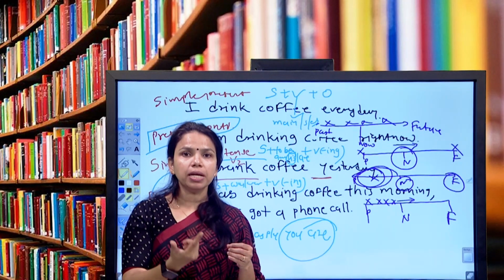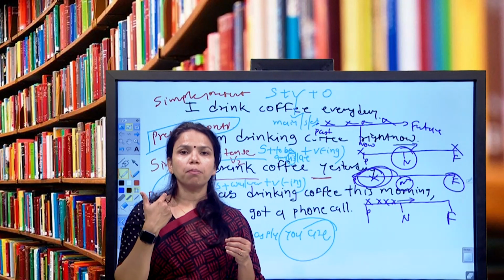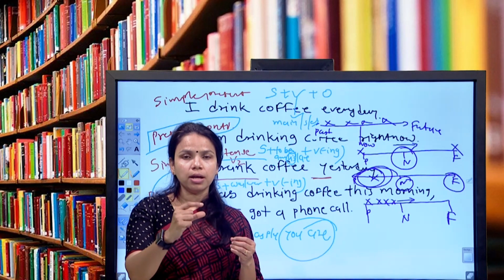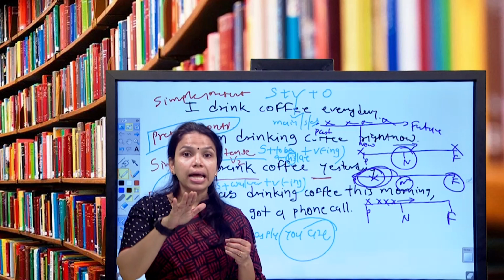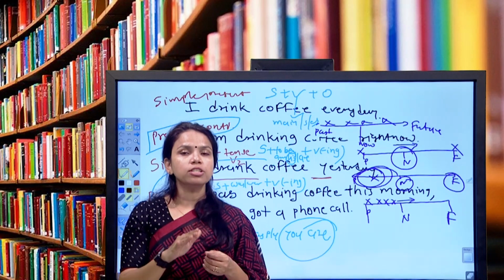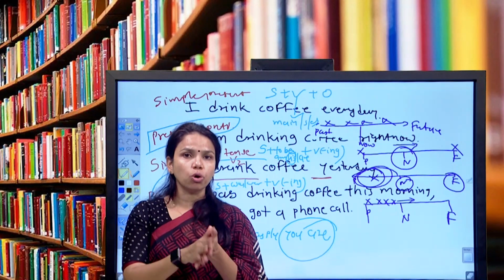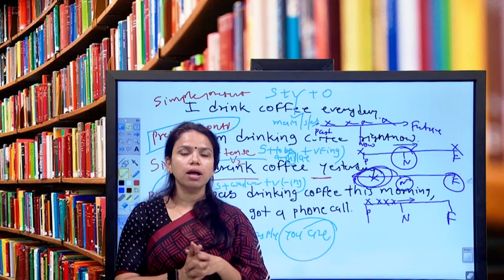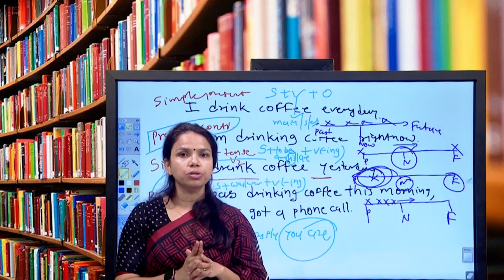Currently I am speaking. Currently I am talking about present continuous tense. So, at the time of speaking, that action is going on, right? So, if you want to show that situation, you have to use present continuous tense.